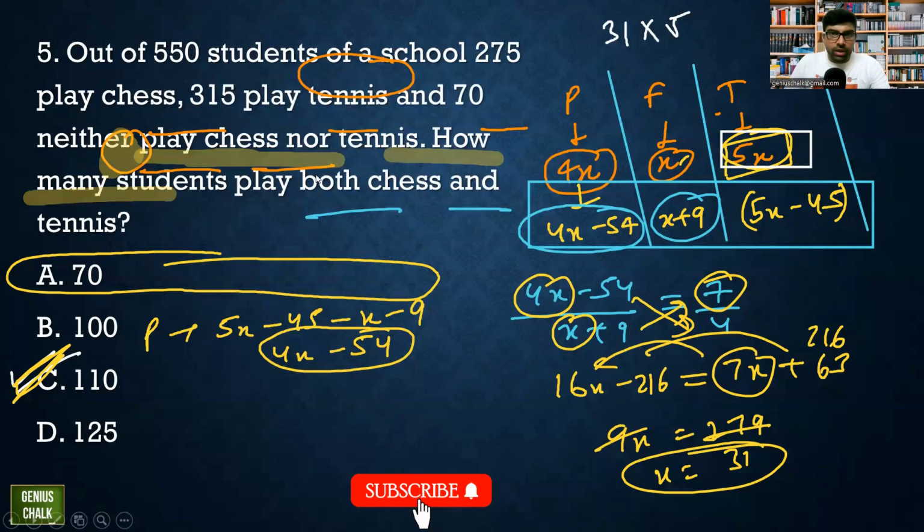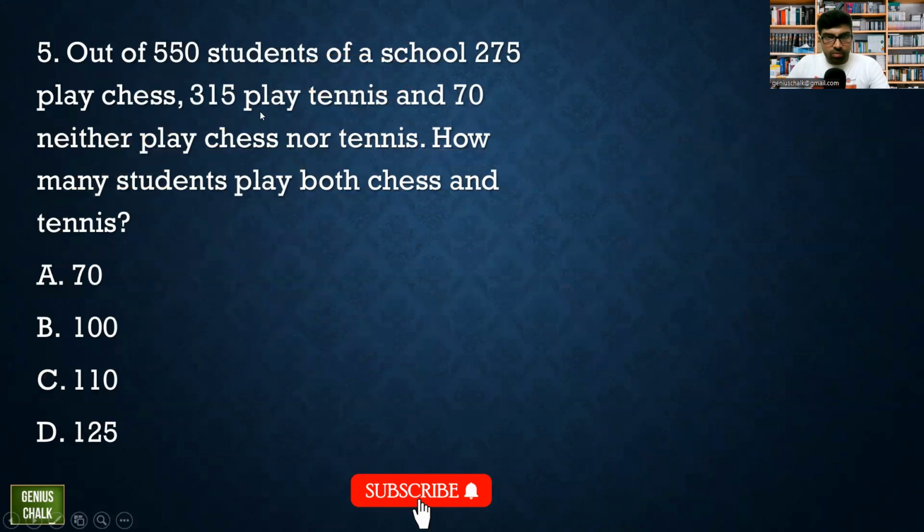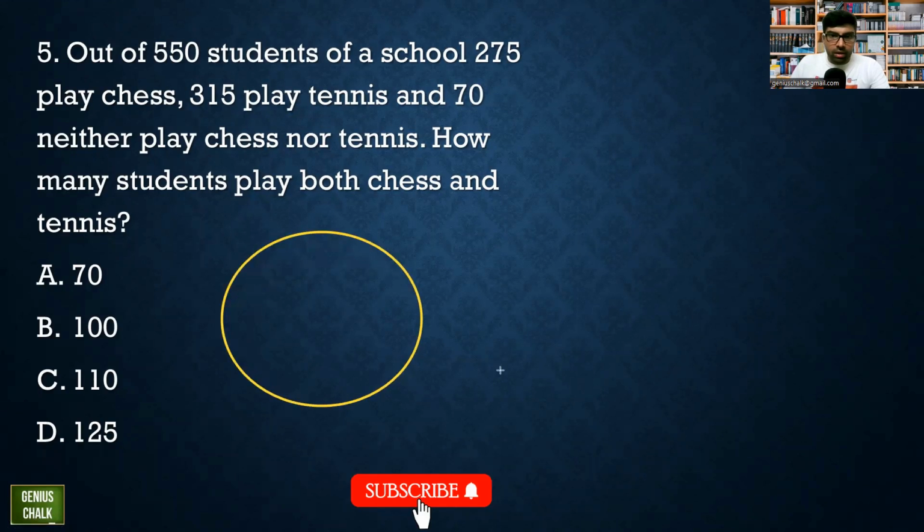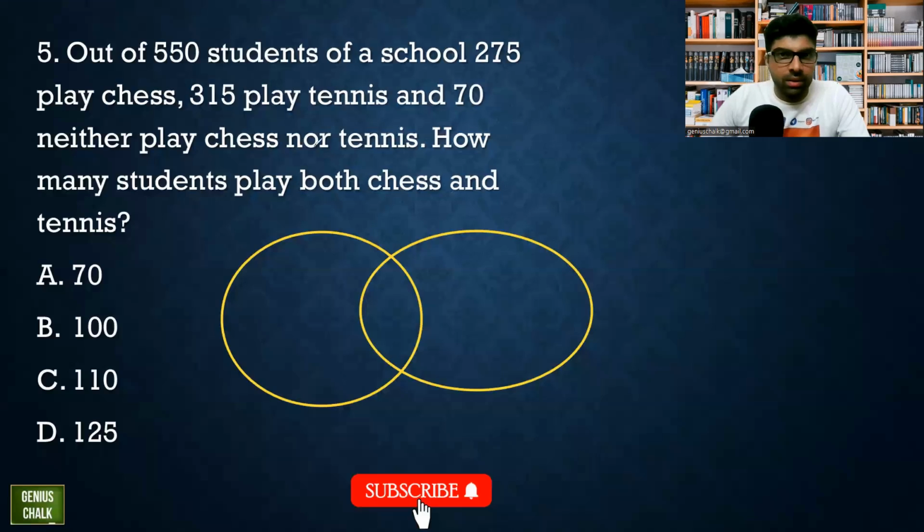Out of 550 students of a school, 275 play chess, 315 play tennis, and 70 neither play chess nor tennis. Now, this question is of basic Venn diagram. So, this is one, this is another, and this is the third one. In a Venn diagram, 550 students total.